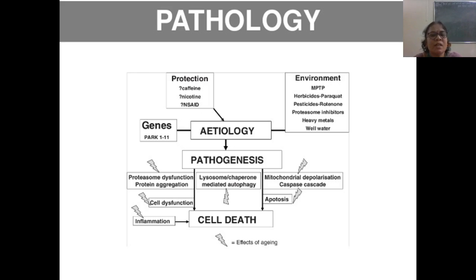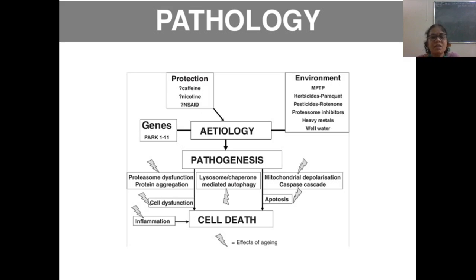Sometimes if they are absent, it may lead to Parkinson's disease. Environmental factors like herbicides, pesticides, some protease inhibitors, heavy metals, and chronic use of well water also may lead to Parkinson's disease.